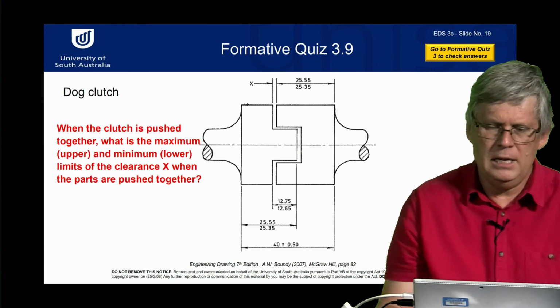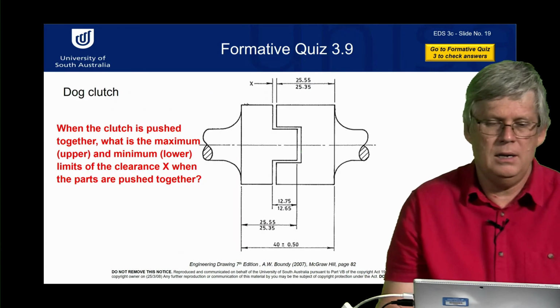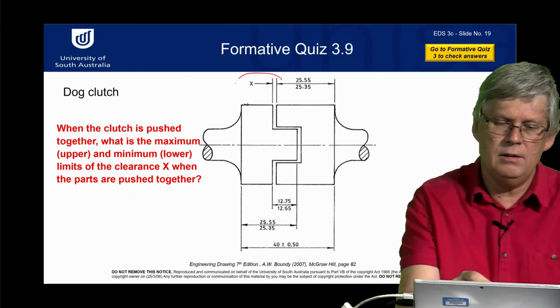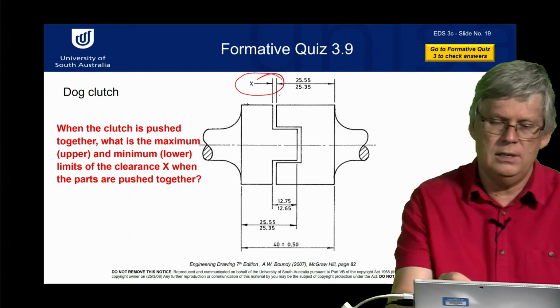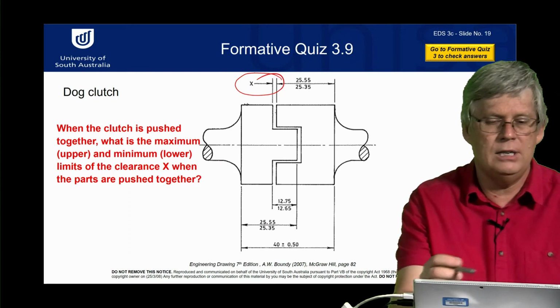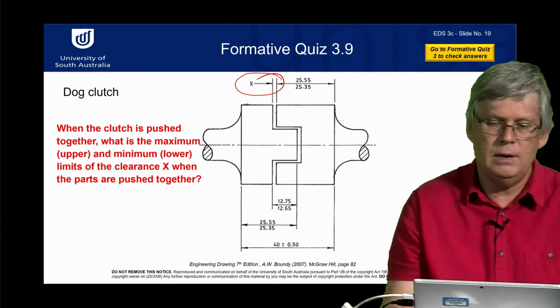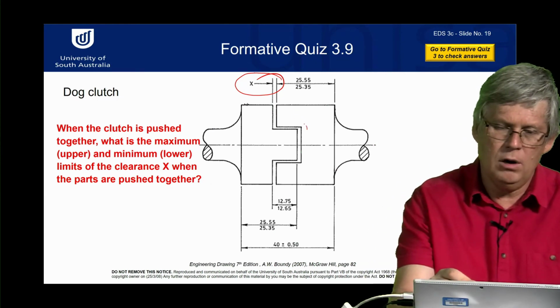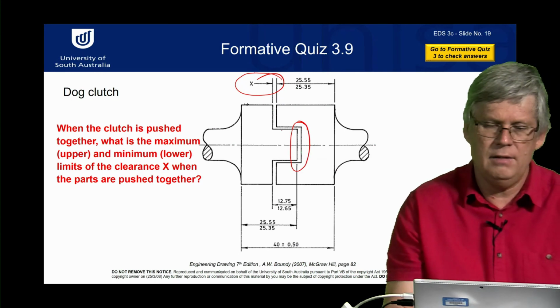Now here's a much more difficult problem, but I like to let students try for themselves and try and solve this. So here's two items that push together. So it's a dog clutch. You can see here is the clearance. So these don't, there's going to be a clearance there. So the question is, what is the range of that clearance? So these two items fit together and they will contact on that face.